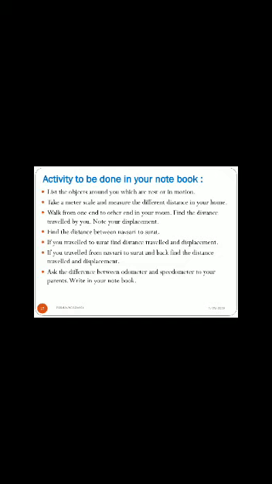Now, here are some activities that you have to do in your notebook for your reference. First of all, try to find the objects around you which are at rest and in motion, and list the type of motion each has.